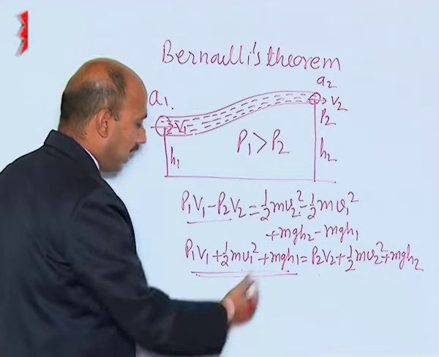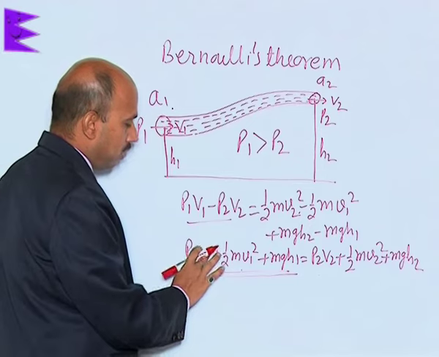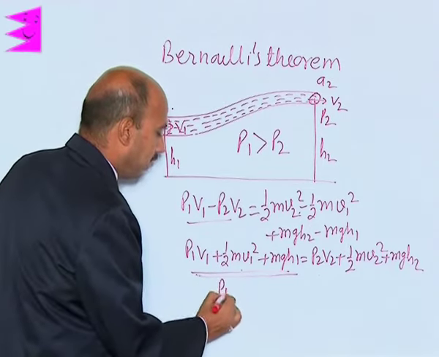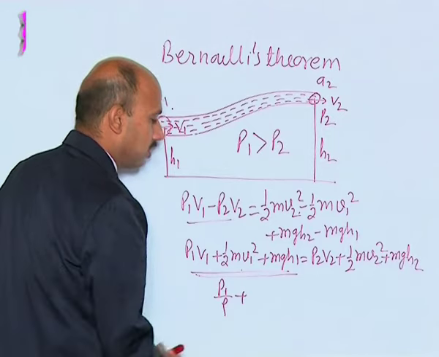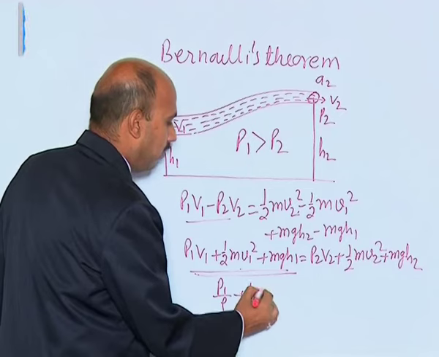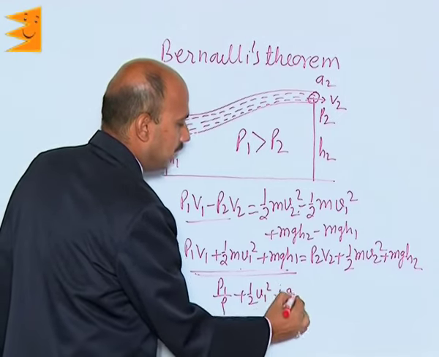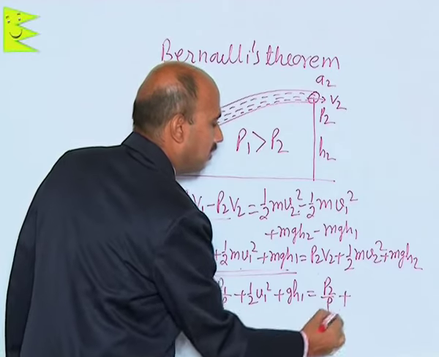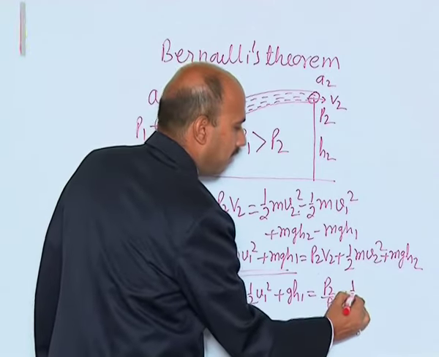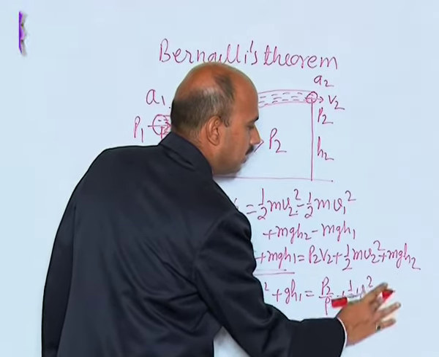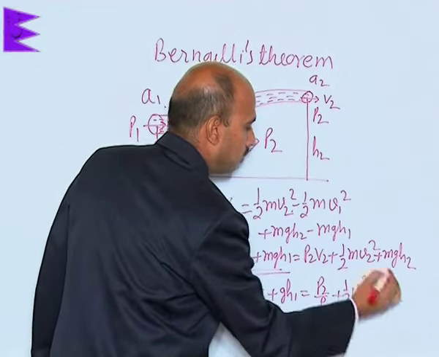When you divide by mass, volume upon mass becomes 1 upon density. So you will get P1 upon rho plus half V1 square plus g h1 is equal to P2 upon rho plus half V2 square plus g h2.